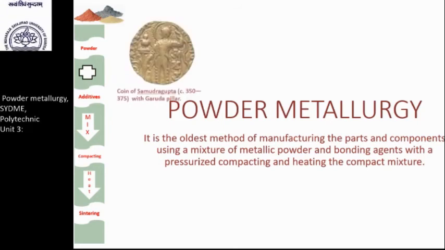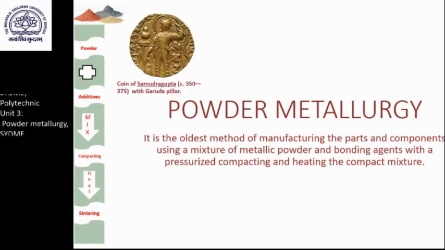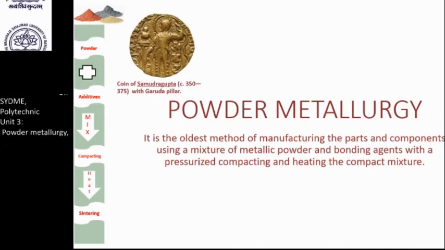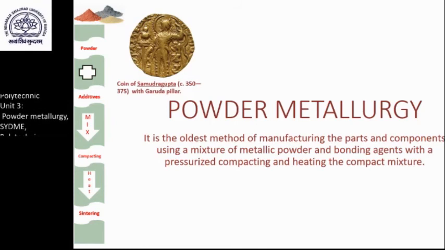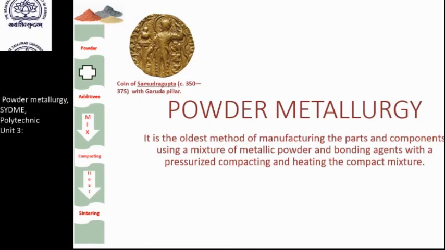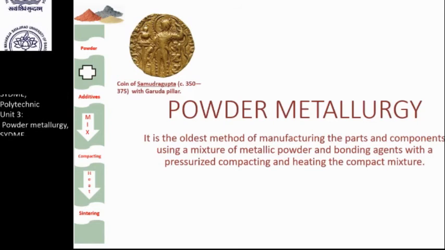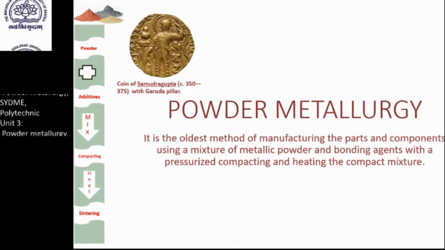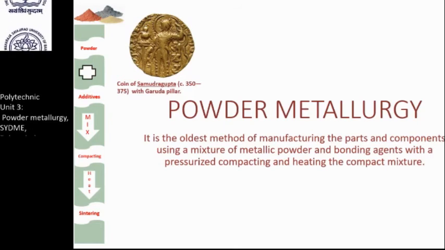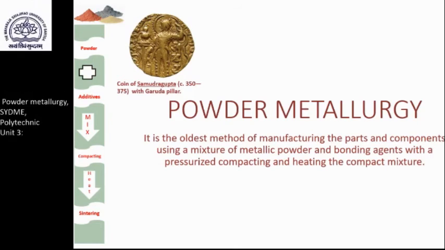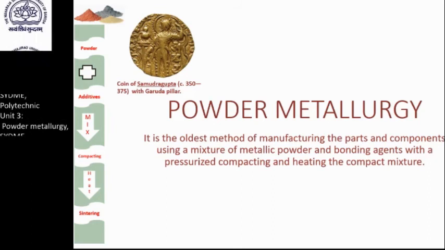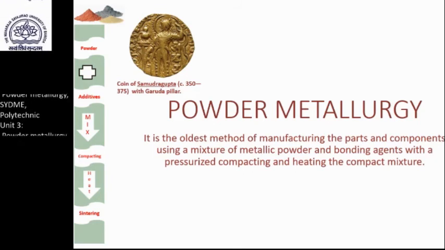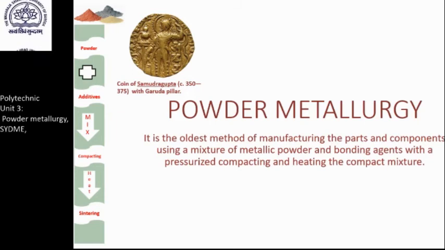Various shapes can be manufactured, and the history of this manufacturing process goes back to the 4th century, that is 350 to 375, and it was in India that King Samudragupta had made a coin with a pillar called Garuda on it.